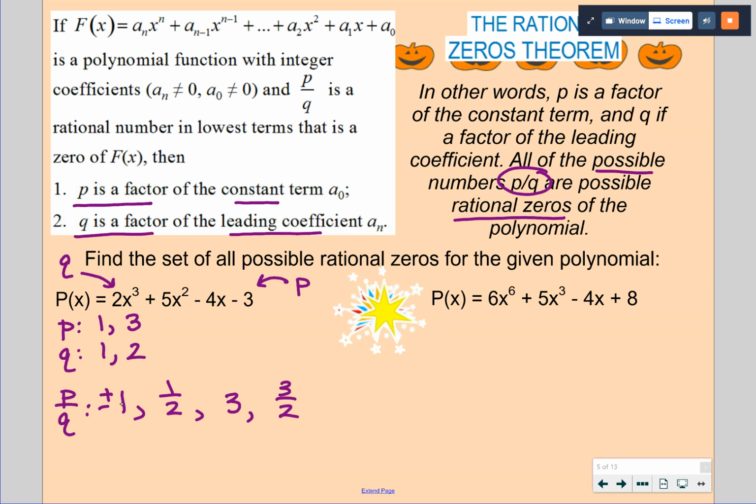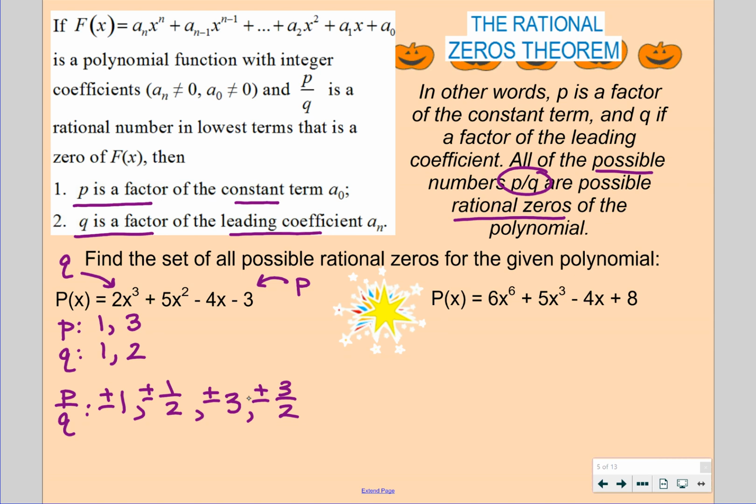At the end, we're going to put plus and minus in front of each of our rational numbers. And then this creates your list of possible rational zeros. So truly there are 8 possibilities here when we think about all the positive numbers and all the negative numbers that are listed. So 8 possible rational zeros, which would then, if we were going to solve this polynomial, give us a starting place to start testing numbers and dividing things out ultimately.